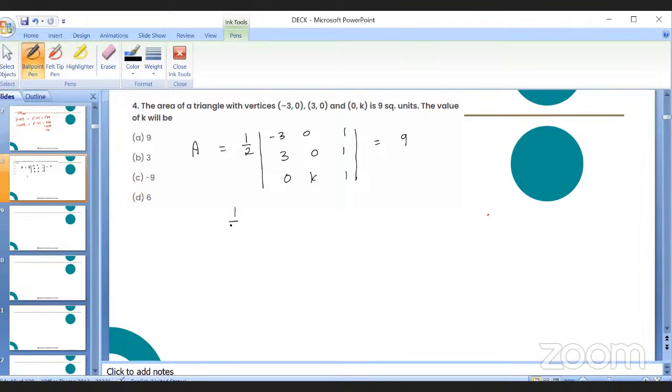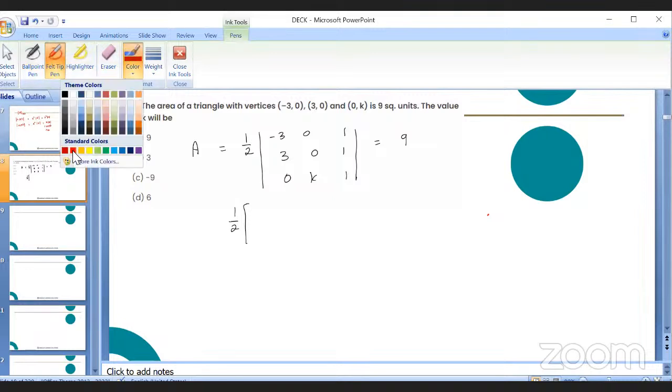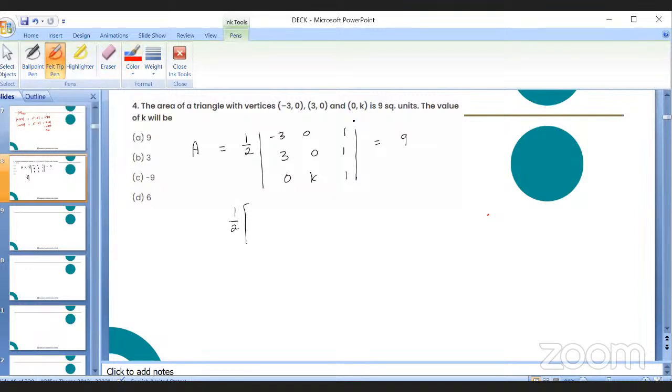So what I will do, how will I find the area? I told you. You have to write the first two columns again. First two columns again.